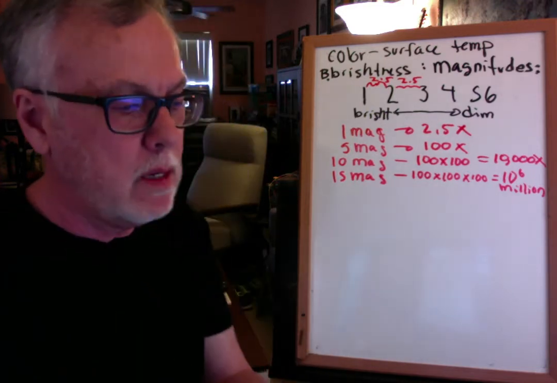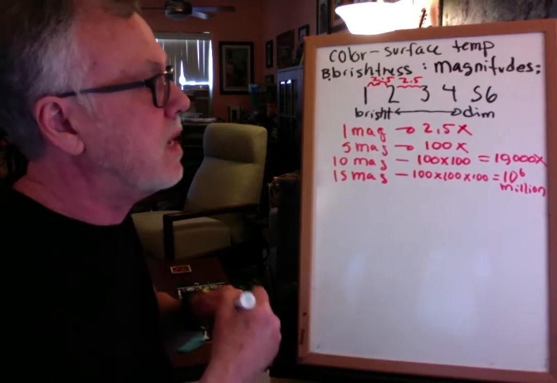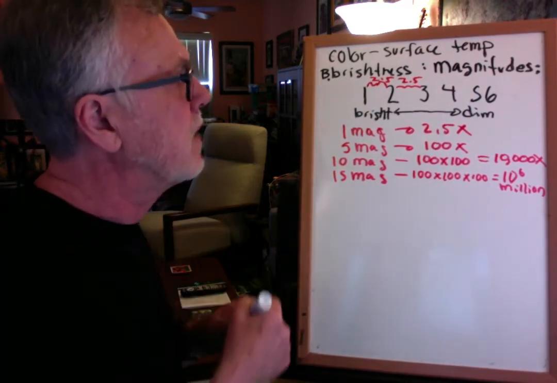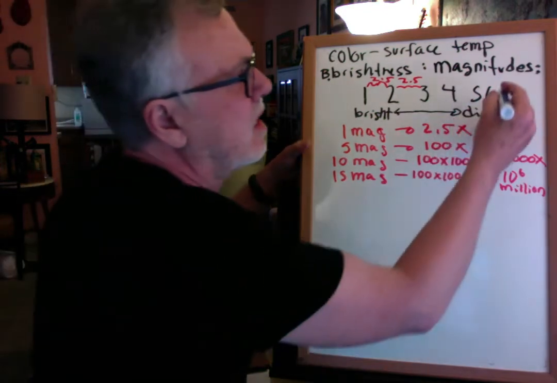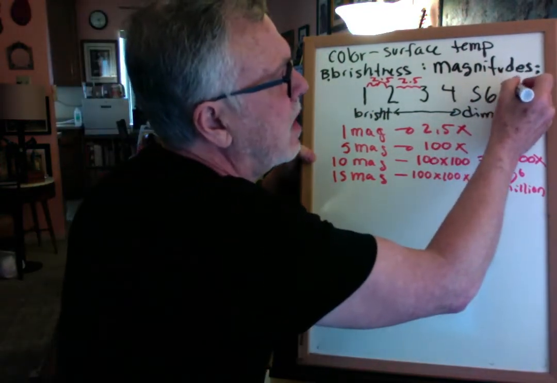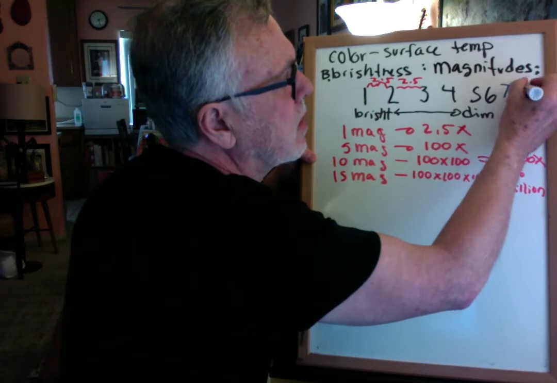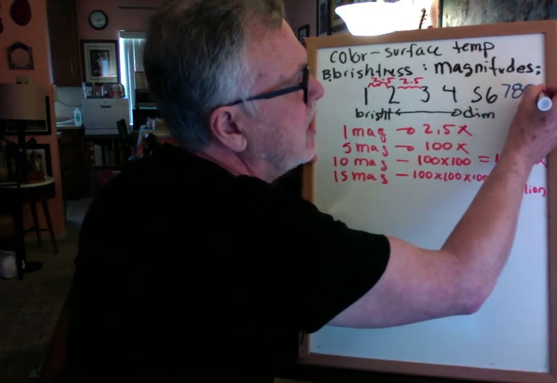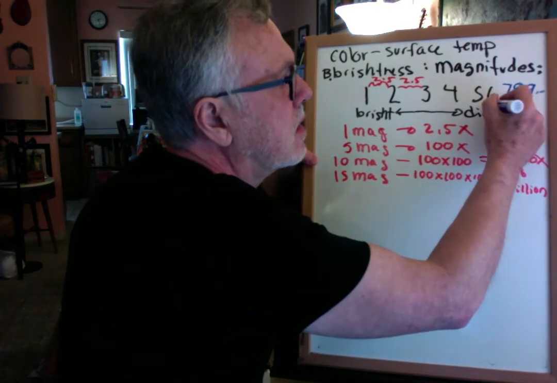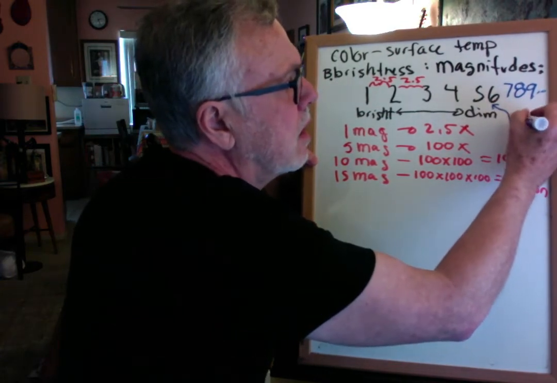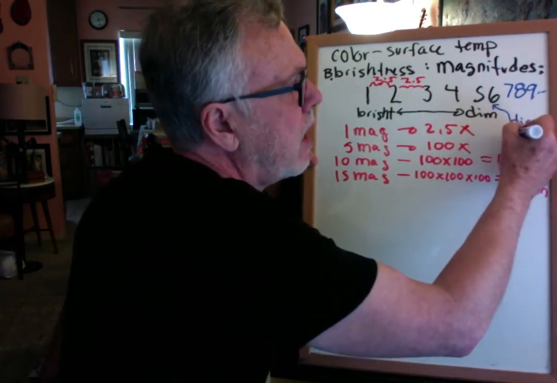And so only speaking about visual radiation right now, meaning what our eyes can see, we have these telescopes that are light buckets. So we've expanded the scale to go into dimmer objects that we couldn't even see with our eyes, because magnitude 6 is the dimmest that we can see with the eye.